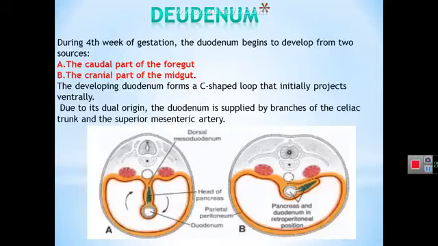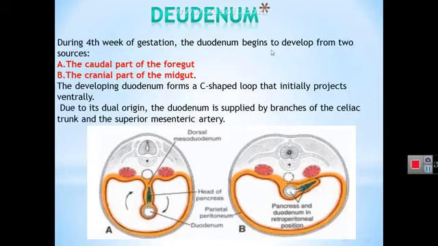Duodenum. The terminal or caudal part of the foregut together with the cranial part of the midgut form the duodenum.